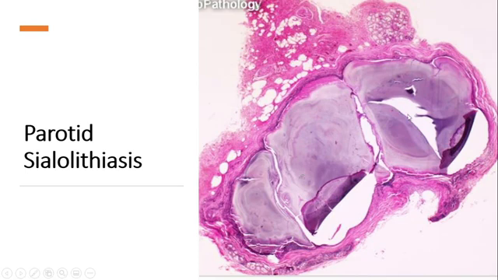Lithiasis is stone formation, as in cholelithiasis, the gallbladder stone. Sialolithiasis necessitates surgical removal of the stone to restore the passage of fluid and to remove the obstruction. It is a complication of chronic sialadenitis, whether autoimmune, pyogenic, and so on.